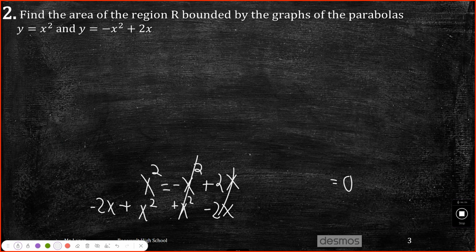Then you're going to get 2x squared minus 2x. And this is all algebra. So we're going to factor out an x. And then it's going to be, what, 2x minus 2? I could have factored 2x out, no? 2x, then it's going to be x minus 1. So x is 0, because 0 times 2 is 0, 0 times anything is 0, equal to 0.